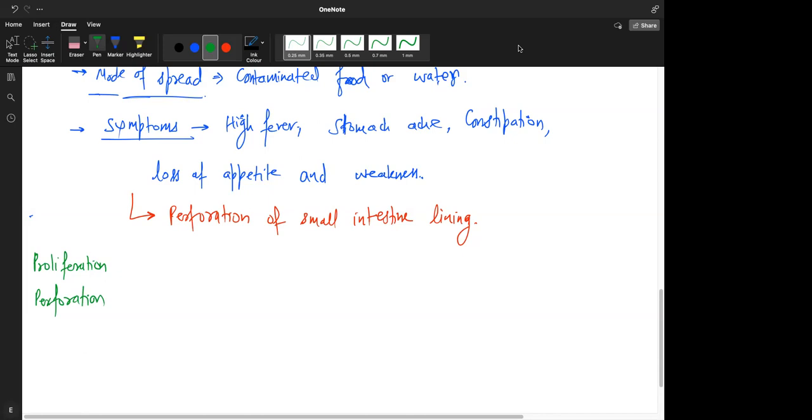So if there is perforation happening in the small intestine lining, you can imagine that there will be internal bleeding, and a lot of severity will come in. And in some cases, this can even lead to death. Okay. So perforation of small intestine lining leading to death.